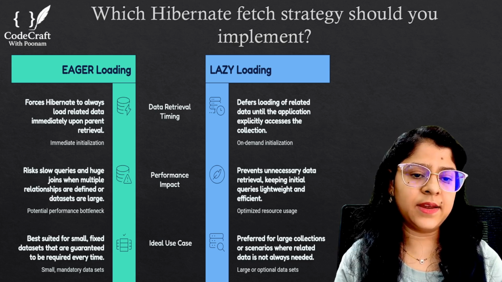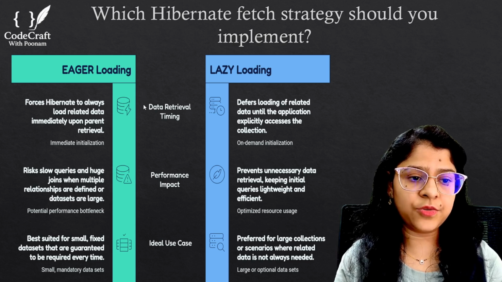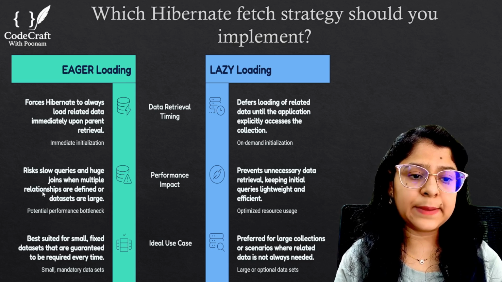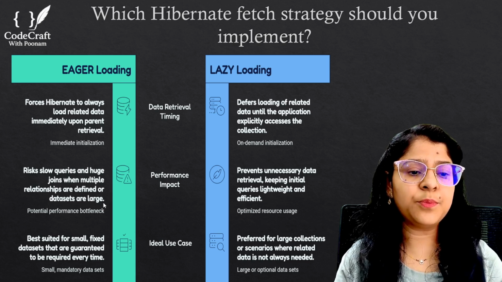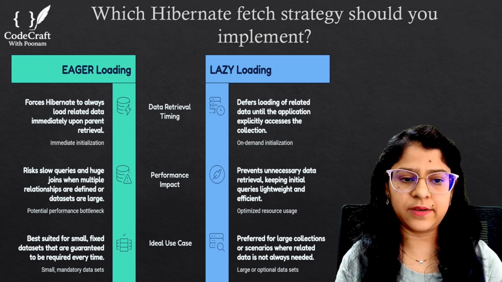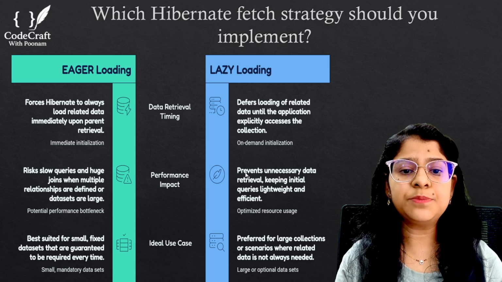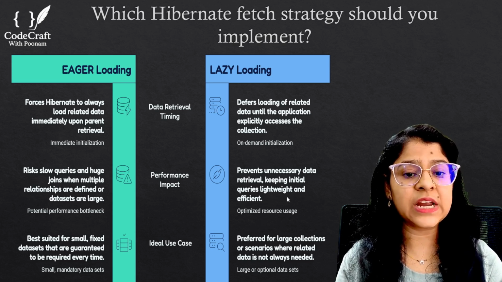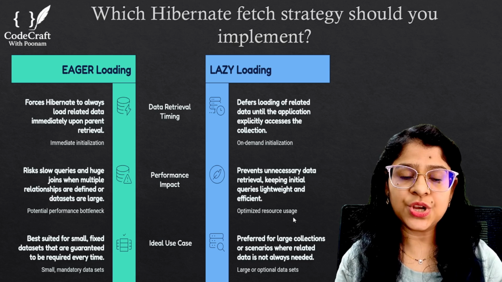And then coming to performance impact. For eager loading, it risks slow queries and huge joins when multiple relationships are defined or data sets are large. So here the potential is a performance bottleneck. Whereas the performance impact for lazy loading is that it prevents unnecessary data retrieval, keeping initial queries lightweight and efficient. So here it is optimized resource usage.